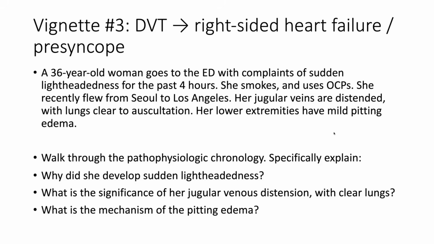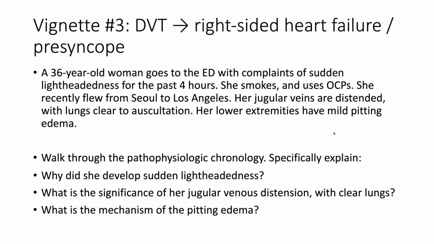A 36-year-old woman is born healthy. She starts smoking and using oral contraceptives. She takes a very long flight from South Korea to LA, where she develops DVTs in her lower extremities.